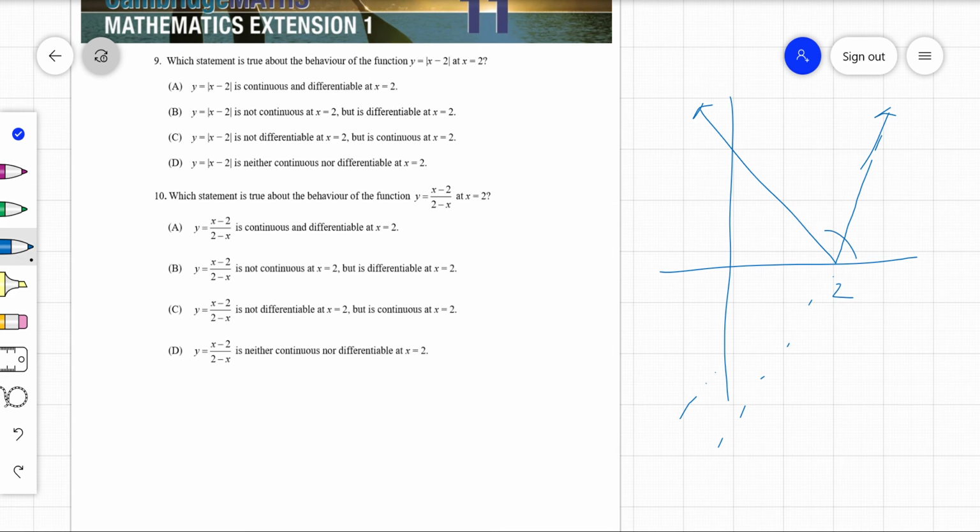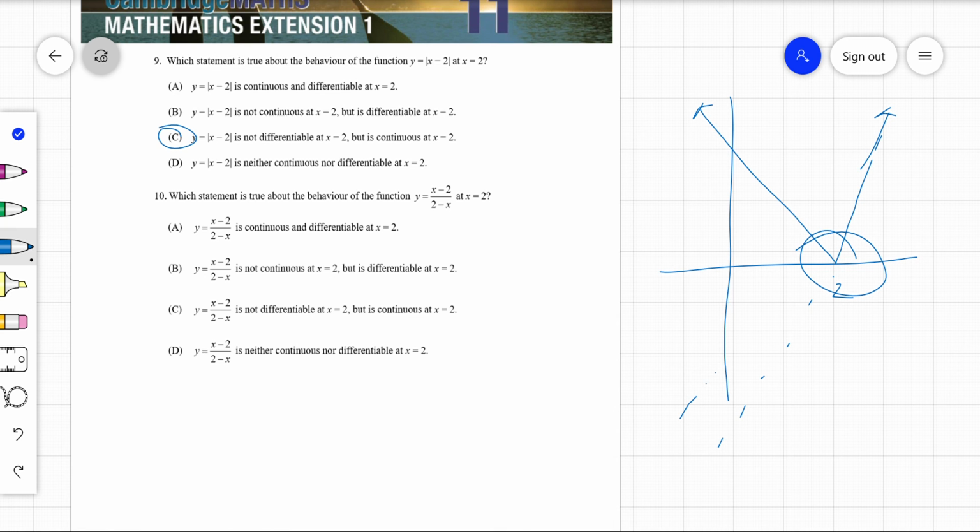And it's talking about this where x equals 2, and you can see it is continuous, it continues on there, but it's not differentiable. Here we go, see. It's not differentiable there, so I can't find the tangent at that point, but it is continuous.